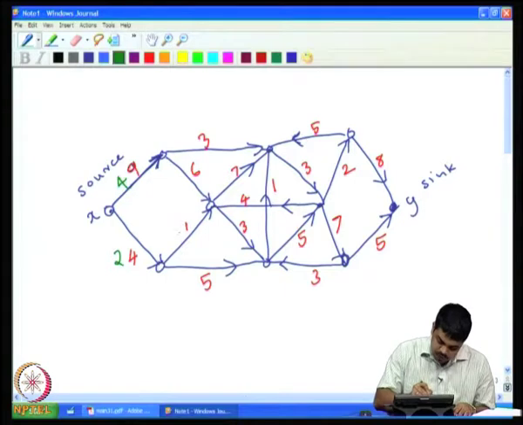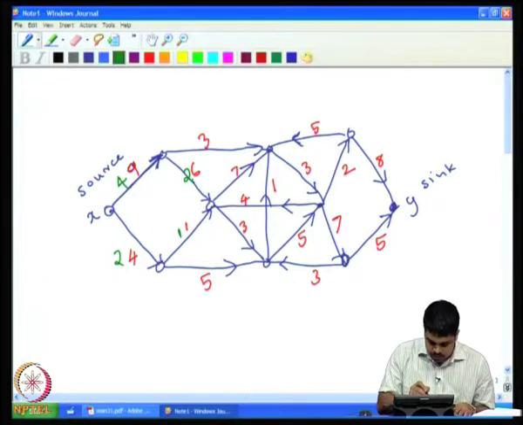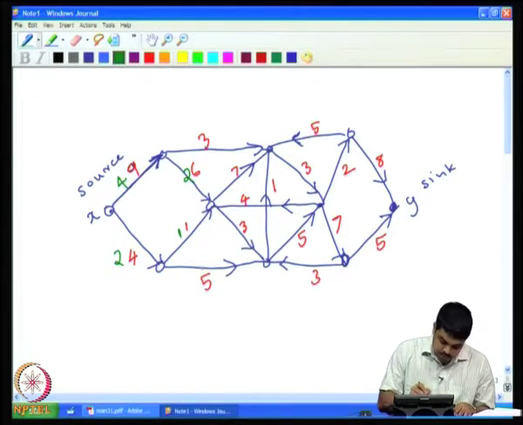Here I put 1, here I put 2, and here I put 1, and these are all satisfying the constraint, like 3 is less than or equal to 3 but greater than 0. Here I am putting 0, and here 0, and here 2, and so on.